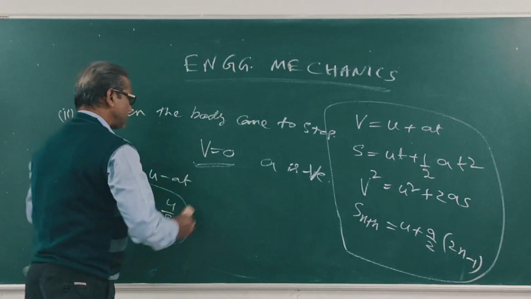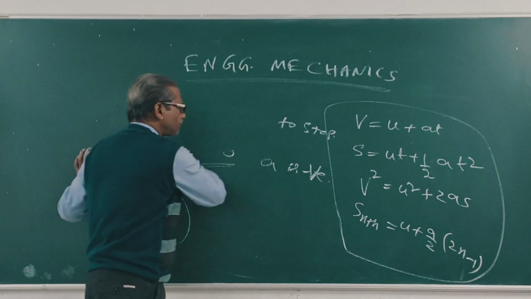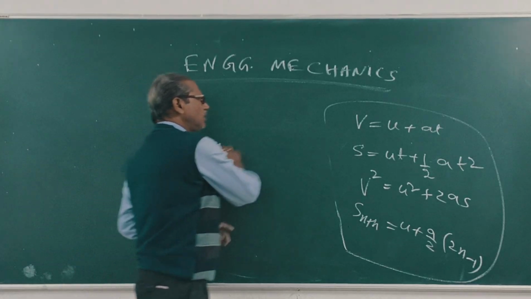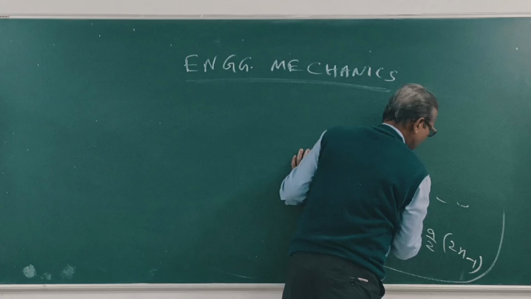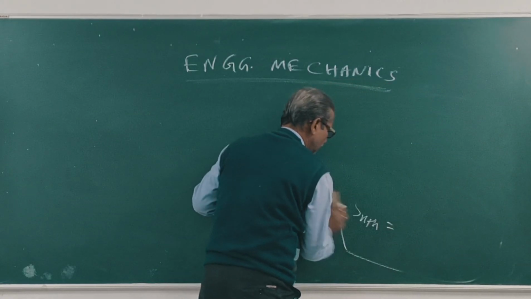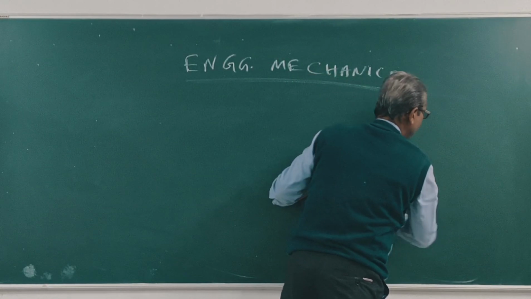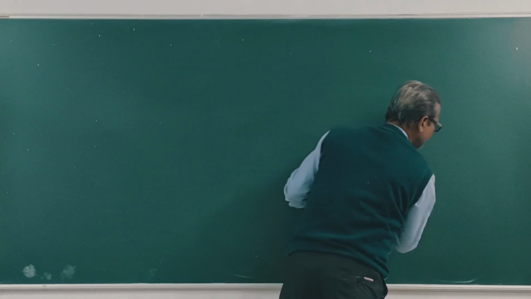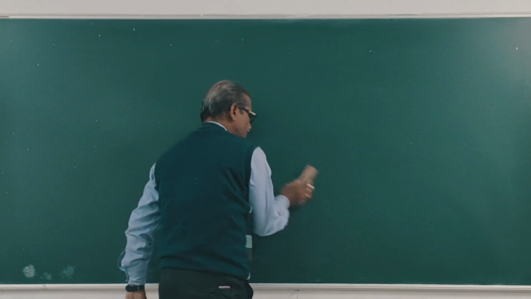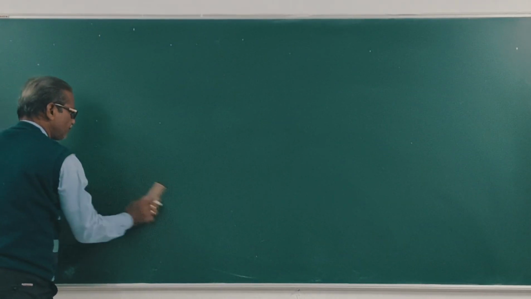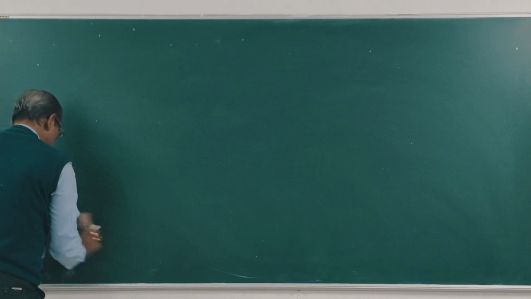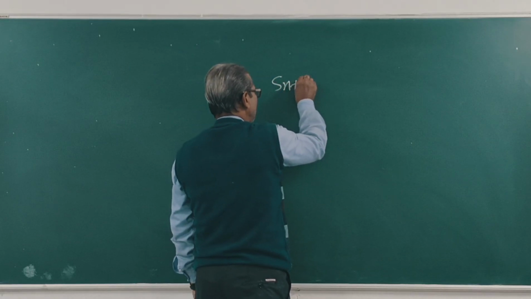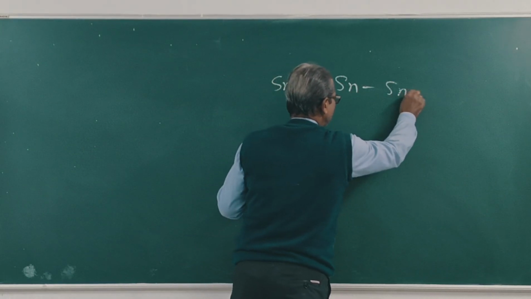I will derive that formula. s_nth is equal to s_n minus s_(n−1).